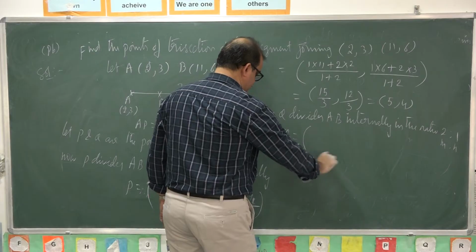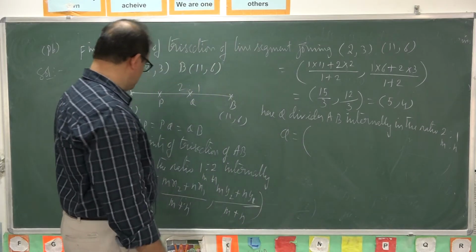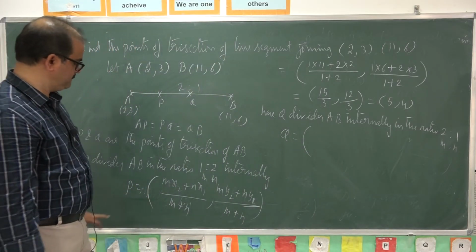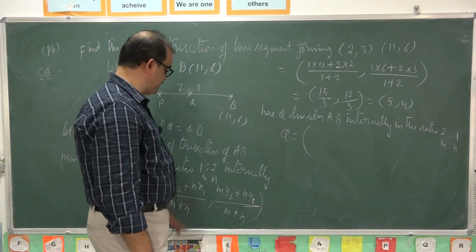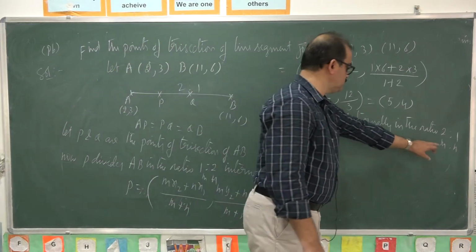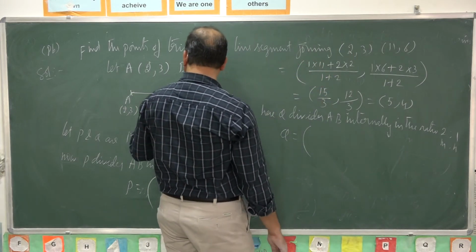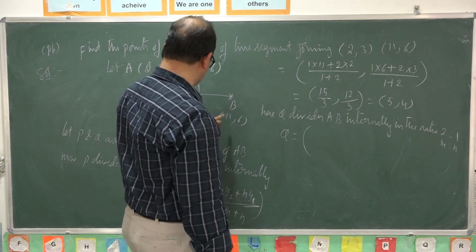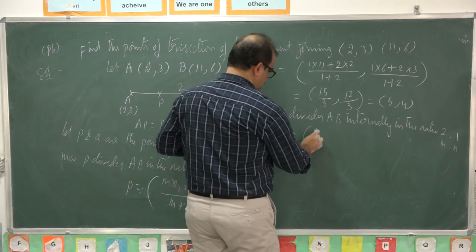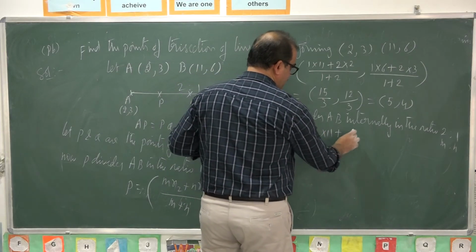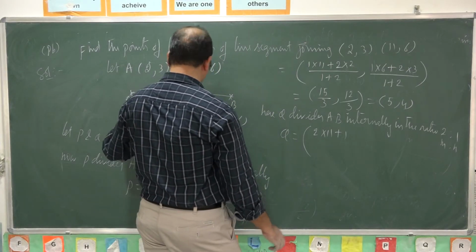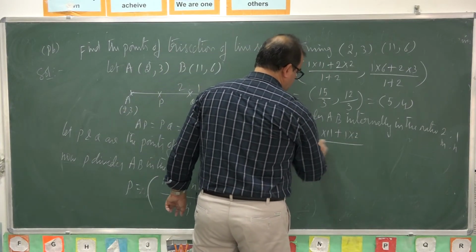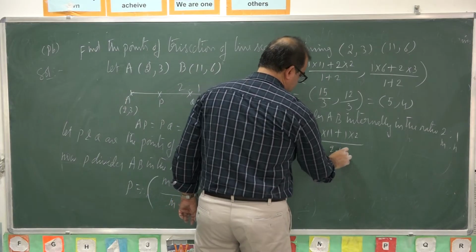Therefore, the coordinates of Q are, you apply the same formula, m into x2 plus n into x1 by m plus n. M is 2, so 2 into 11 plus 1 into 2, by 2 plus 1.